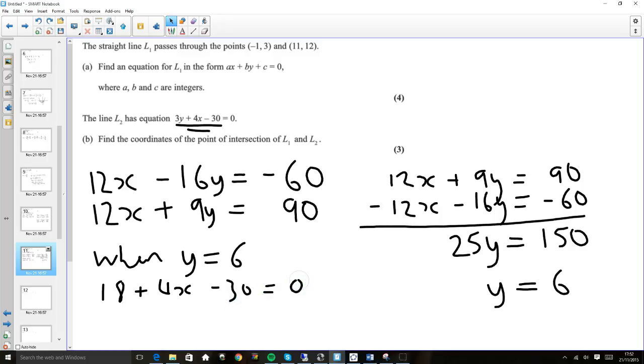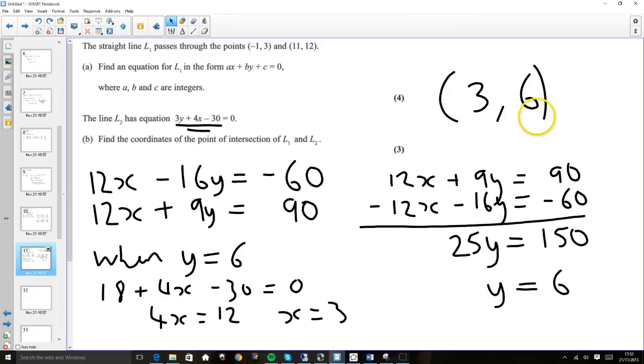So all I've done is substitute y into L2. After some rearranging, adding 30 to both sides, taking 18 from both sides, I get 4x equals 12, which means x equals 3. So the coordinates are 3, 6. This is where these two lines will intersect.